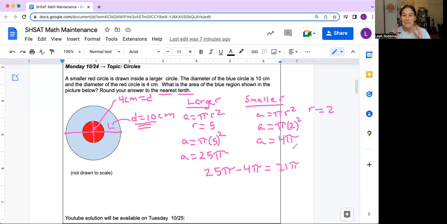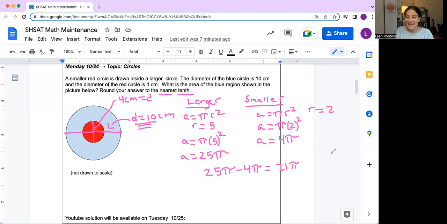I see some of my students like canceling out the pi, getting rid of them, but you can almost think of this as just like terms, right? Like if you had 25x minus 4x, we wouldn't get rid of the x that comes along for the ride. So like I was saying, if this was a multiple choice answer, more than likely you're going to find 21 pi as your answer, but it is not.